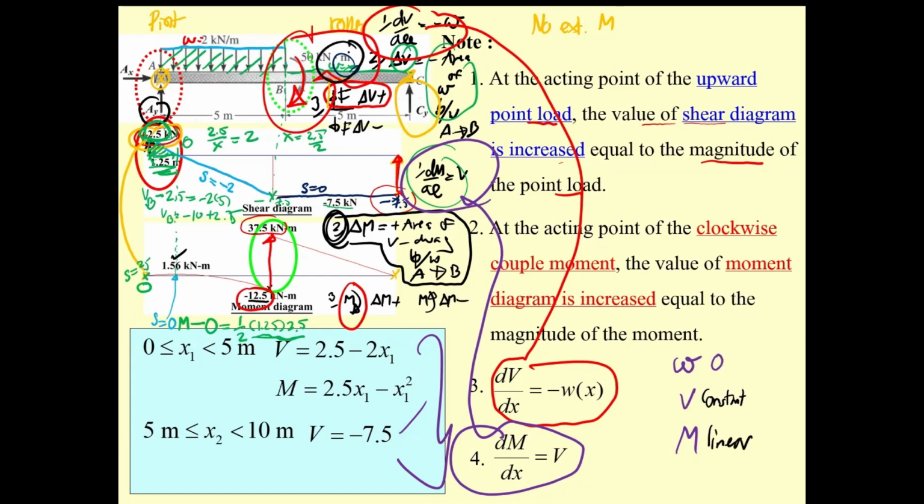This is 0, this is constant, and this is linear. And then if W is going to be a constant value, therefore you may put shear to be linear. Here is going to be in this form like this one. And M is going to be like this one. M is going to be a function of x squared, or quadratic function.